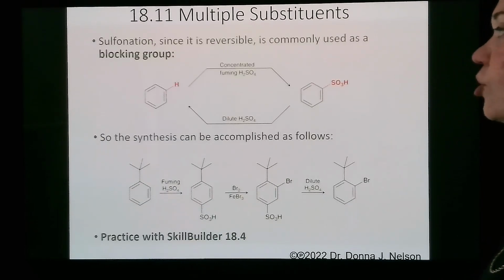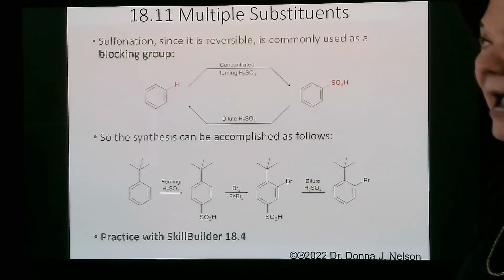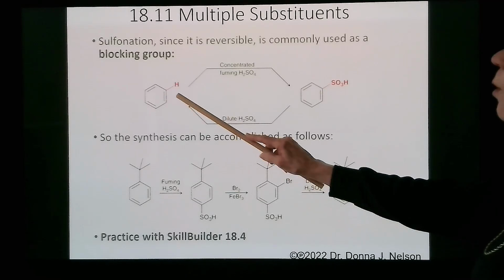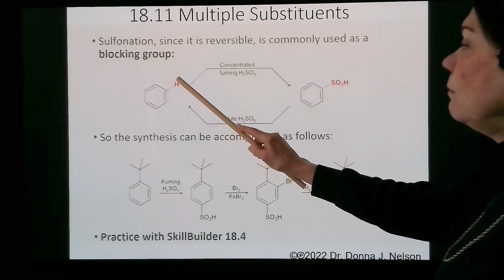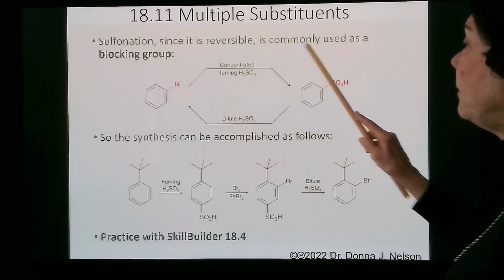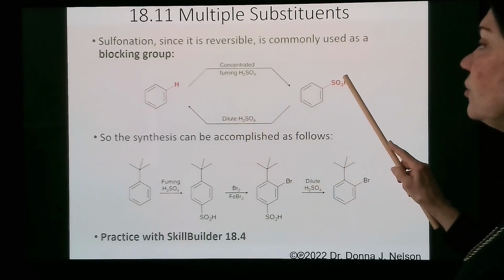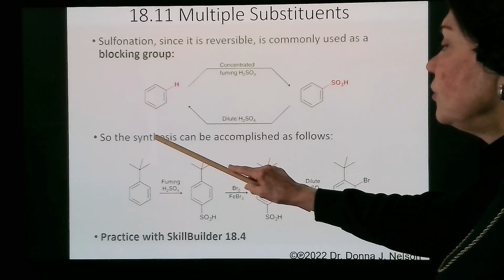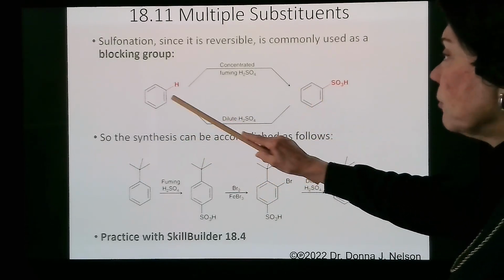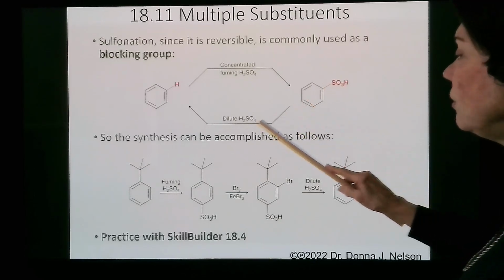So sulfonation, remember, that's the reaction that can be reversed. And so here, one of the carbon-hydrogen bonds will be replaced by a sulfonyl group. And so the synthesis can be accomplished like this. So remember, you can put the sulfonyl on and then you can remove it.